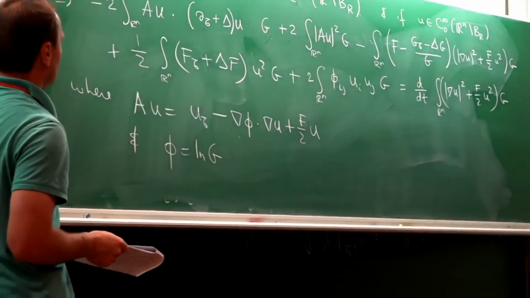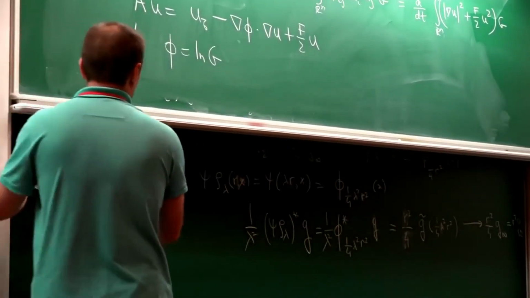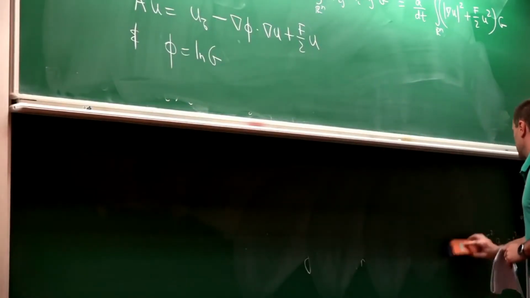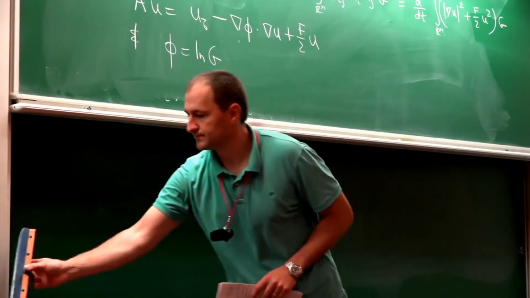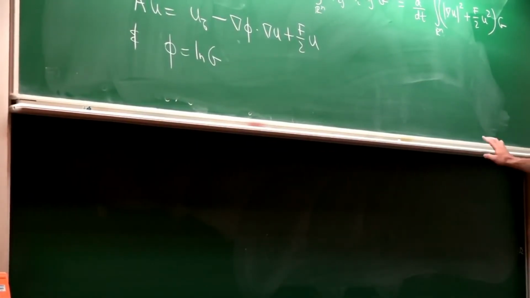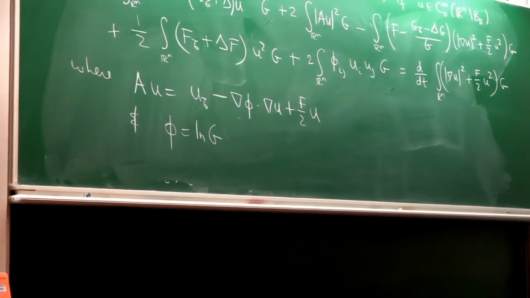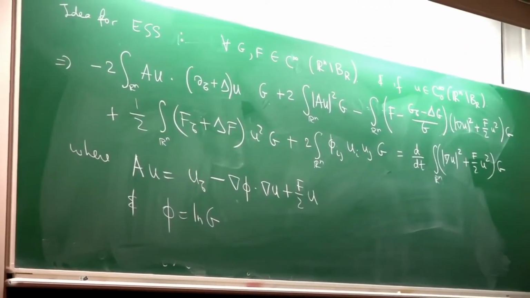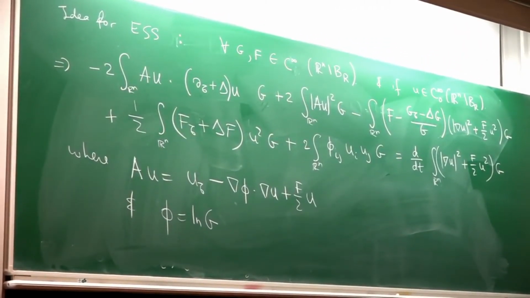This is the important identity, and it's true for any function g, any function f, we have this. Which one? Yes, that is correct. It has a negative sign. So you just integrate and you see this is true.